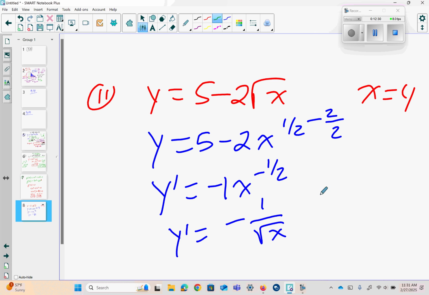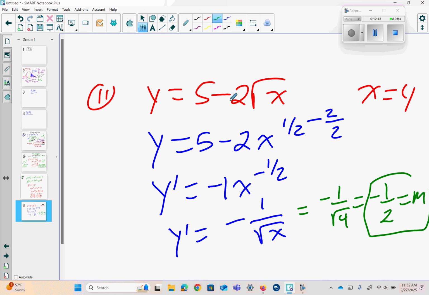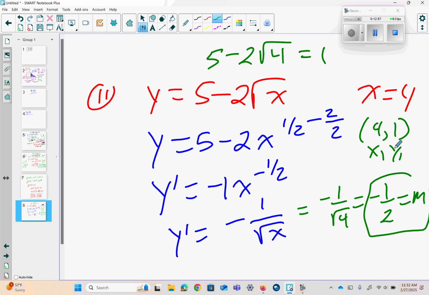So if I take 4 and plug it in here, I'm going to get -1 over the square root of 4, which is -1/2. This is my slope. And if I take 4 and plug it in here, I'm going to get 5 minus 2 times the square root of 4. The square root of 4 is 2. So 5 minus 4 is equal to 1. So at the point (4, 1), that's x1, y1.